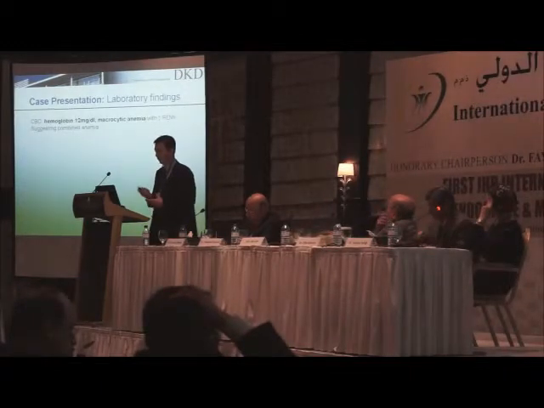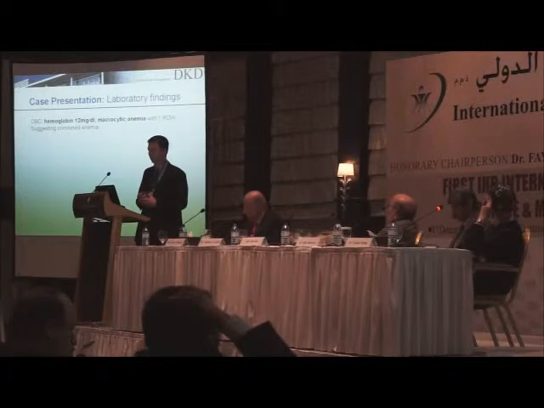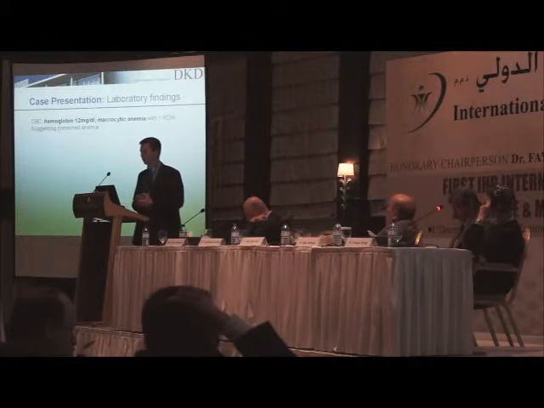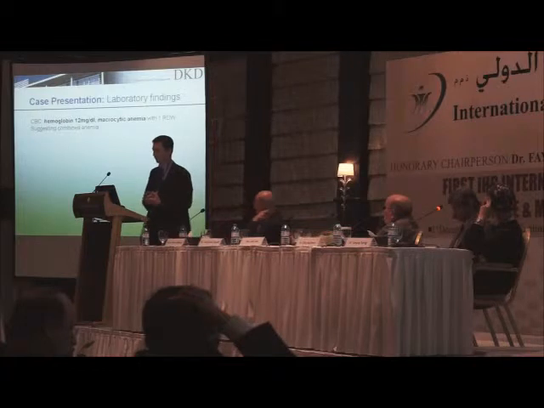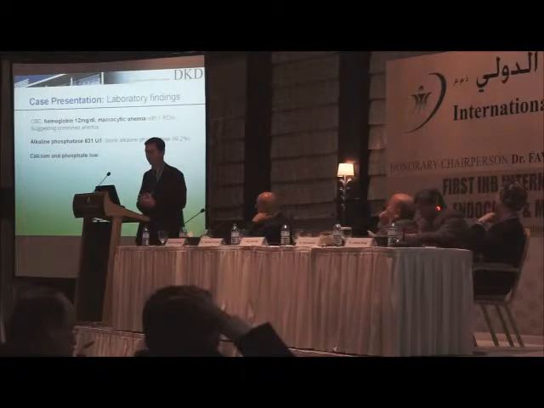His laboratory results were interesting and show a lot of abnormalities important for this case. He has a low hemoglobin. Surprisingly, it's a macrocytic anemia. Usually we see microcytic anemia due to iron deficiency in patients with celiac disease, because celiac disease involves the duodenum. He had a very high alkaline phosphatase, which was almost all bone alkaline phosphatase, and low calcium and phosphate.